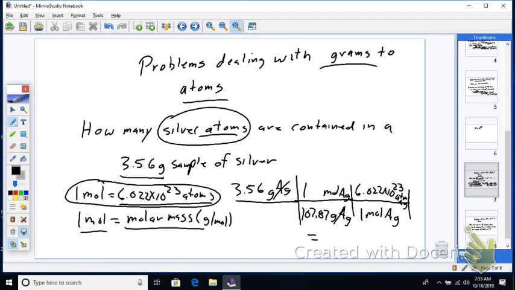We get an answer that's 0.199, so 0.199 times 10. We look at our exponent. We don't have anything dividing, so that would be times 10 to the 23rd. Then that becomes 1.99 times 10 to the 22nd atoms of silver. All right, so that's how you make that connection.